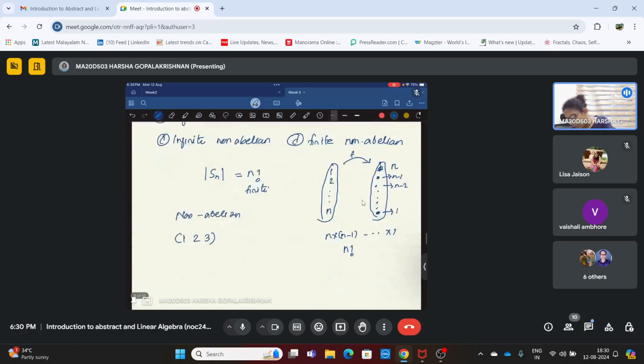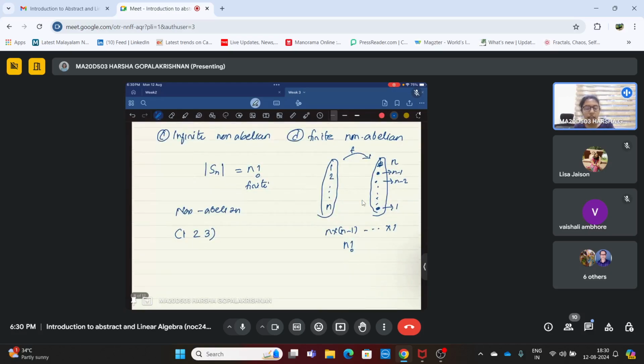So what I am taking is the cycle (1 2 3), not from S3 but from Sn. What does that mean? 1 goes to 2, 2 goes to 3, 3 goes to 1, and all the remaining elements up to n go to themselves. That is the definition of (1 2 3).